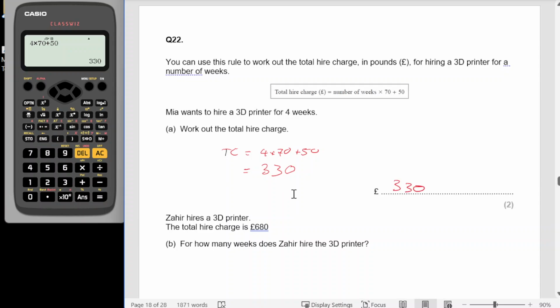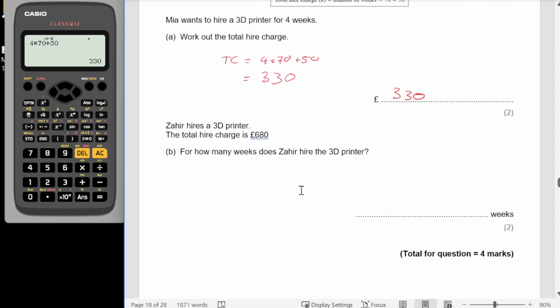And for part B, Z hires the 3D printer. The total charge is 680. Work out how many weeks he's had it for. So I'm going to say that the total charge 680 is equal to, not 4, the number of weeks times by 70 plus 50.